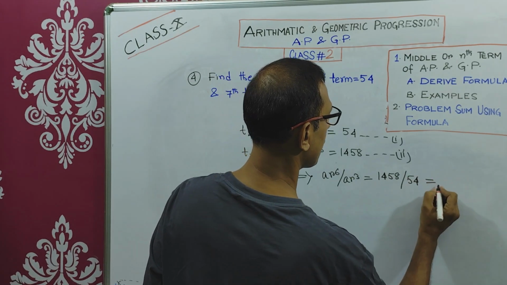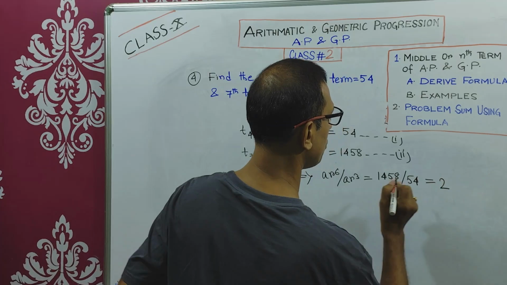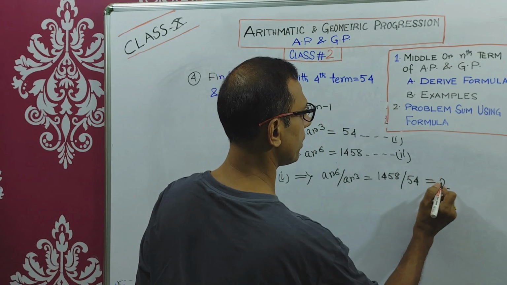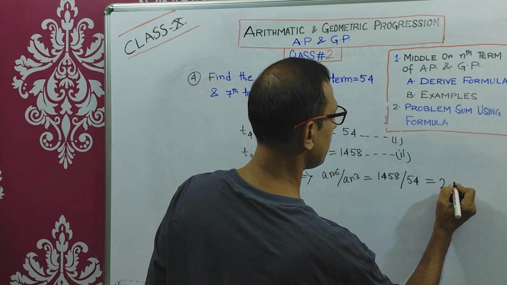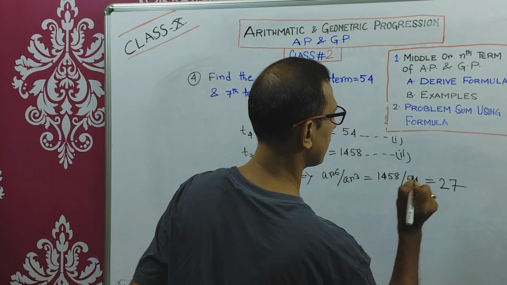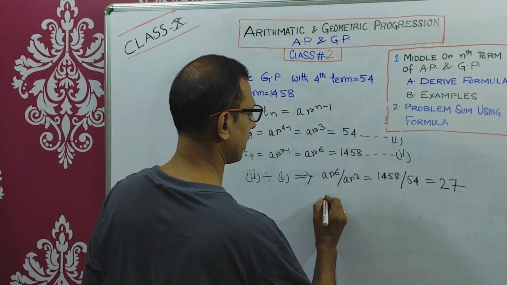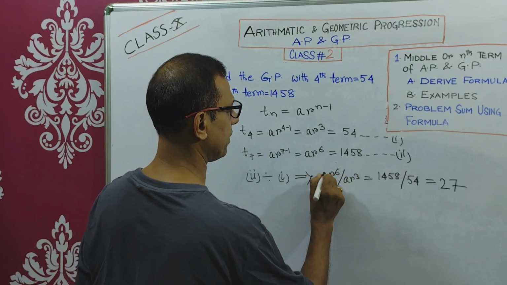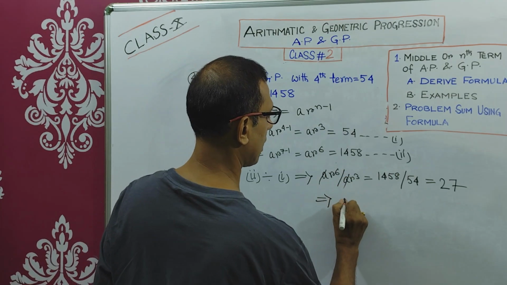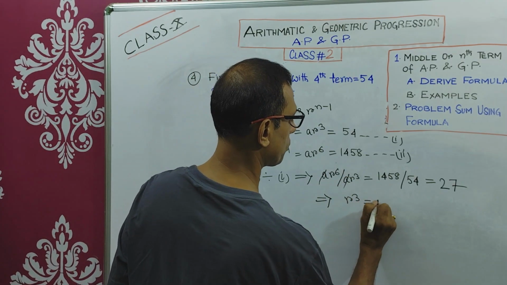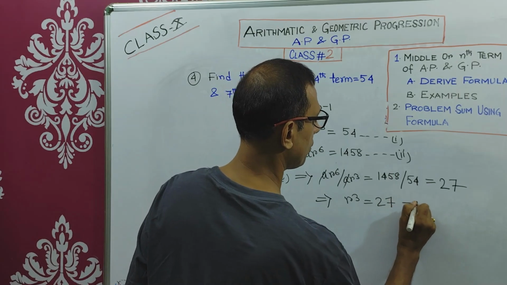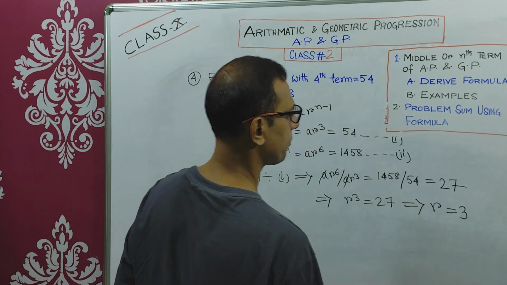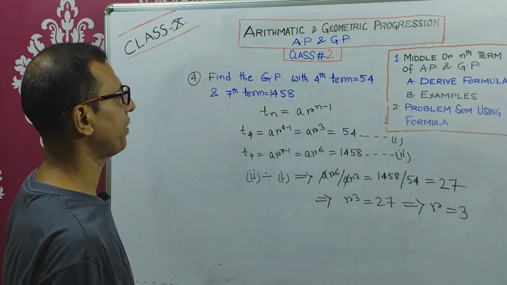It will be 27. That means A r to the power 6 by A r cube, A cancels, that means r cube equals 27. Therefore r equals 3.